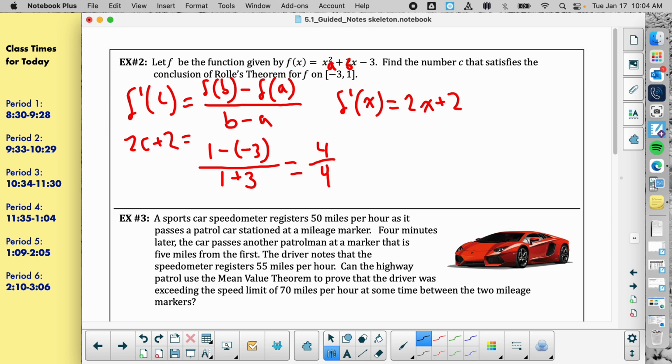Technically, it doesn't matter, but a is first, b is second. The interval is always going to be written as small number, big number. So a, b.